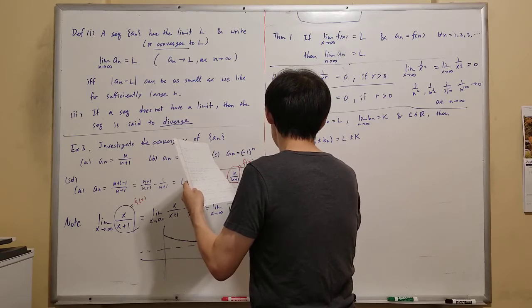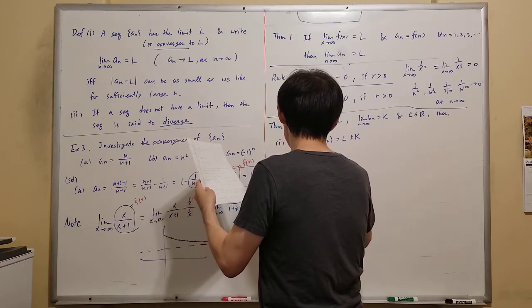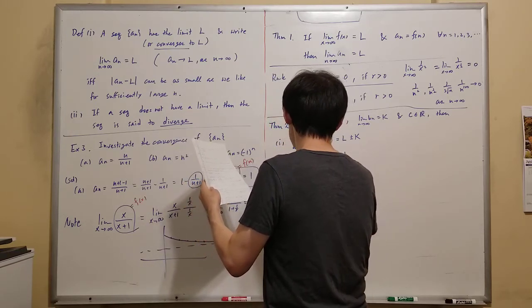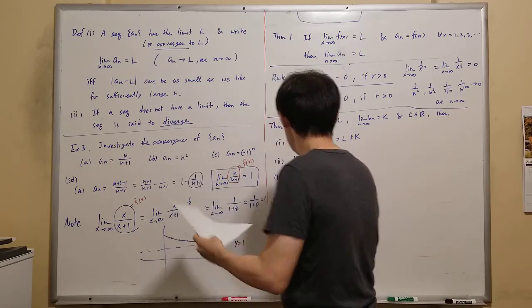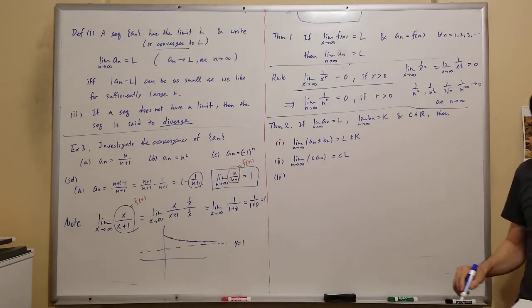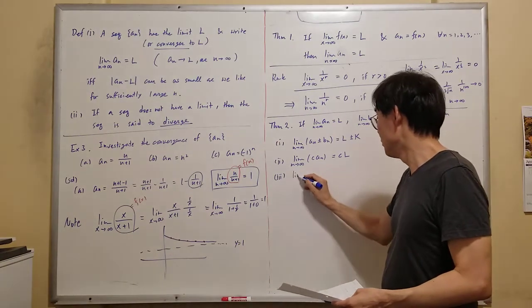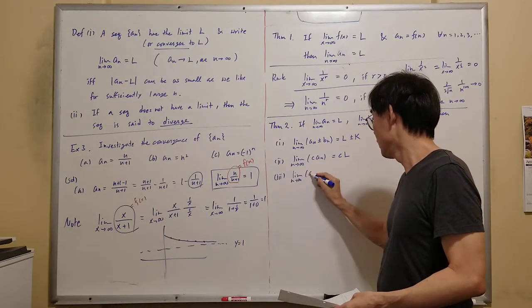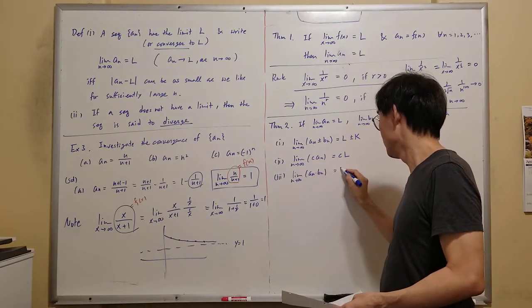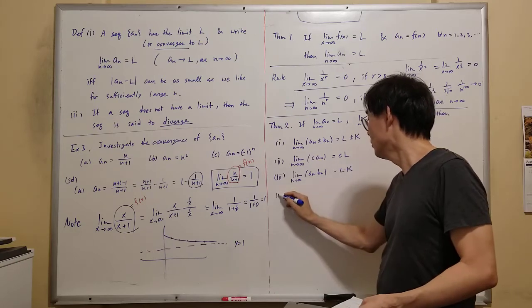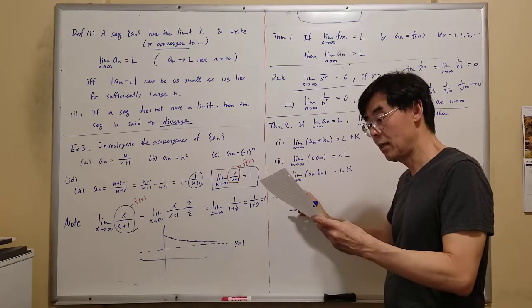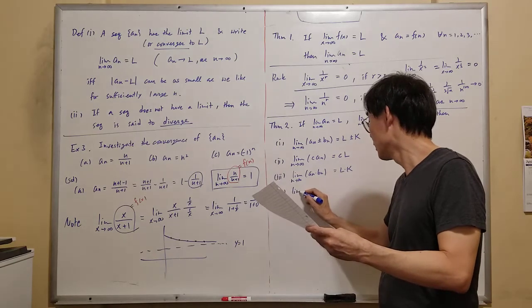The limit as n goes to infinity of c times a_n is c times L. Okay? And the limit of a_n times b_n will be L times k. I'm going to explain after I write everything here.